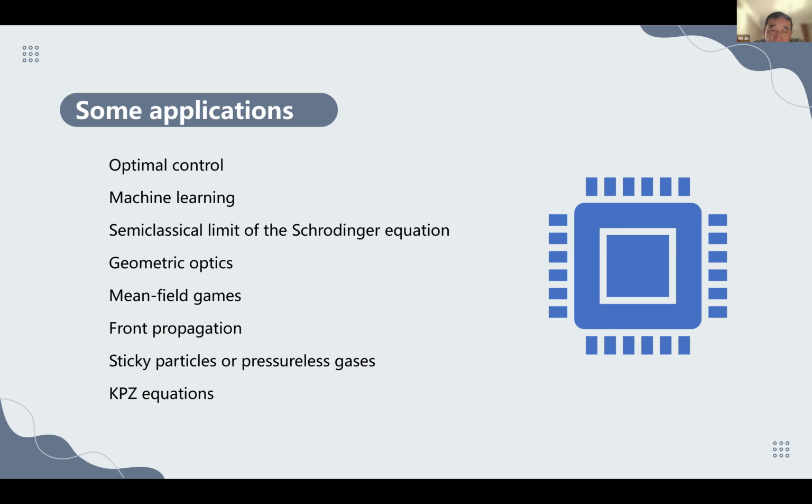Analysts are interested in looking at this PDE from a completely different angle, because they think it might provide some new understanding of these classical PDEs. I don't know the physical interpretation of these new equations.